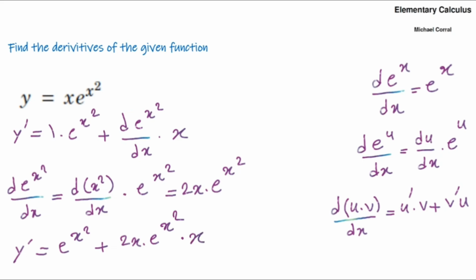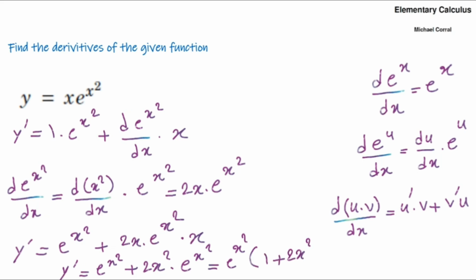And finally, y prime equals e to the power of x squared plus 2x squared times e to the power of x squared, and the result is e to the power of x squared times 1 plus 2x squared.